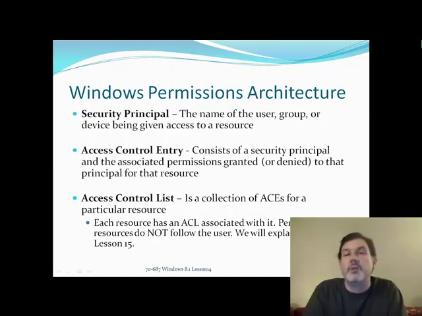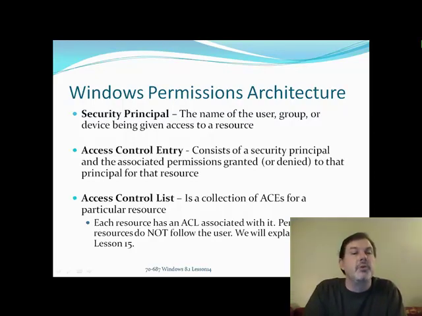Access control entry, this is a term that we use for basically any kind of permissions that are associated with a particular security principle. They could also be permissions that are denied to that principle for a particular resource. And if you look at a particular data resource, say we open up a folder on our file system and we go into the properties and we look at permissions, what we are doing is we're actually opening up and looking at what's called the access control list.